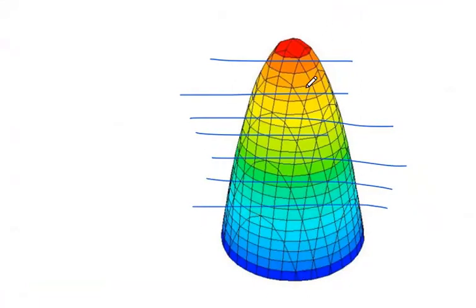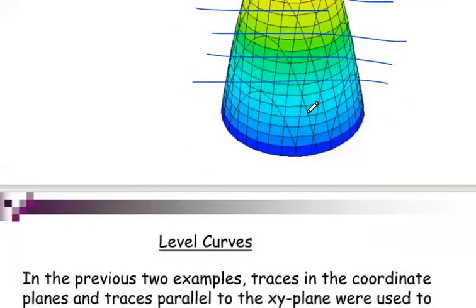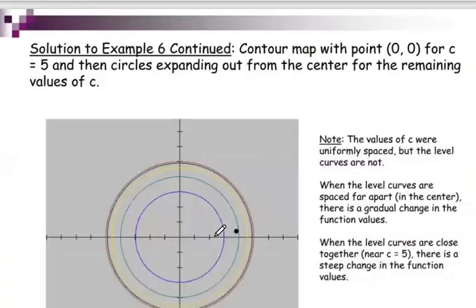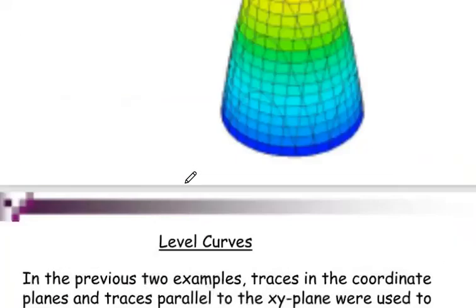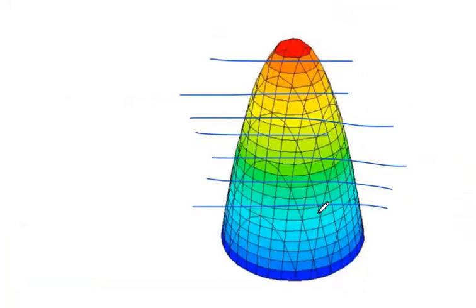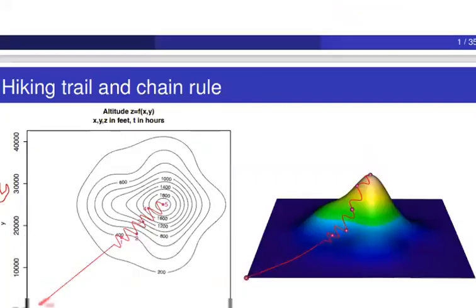If you put those circles together like this, this is called a contour map, or you can say these are level curves. So you cut the surface from different levels, then you get level curves like this.